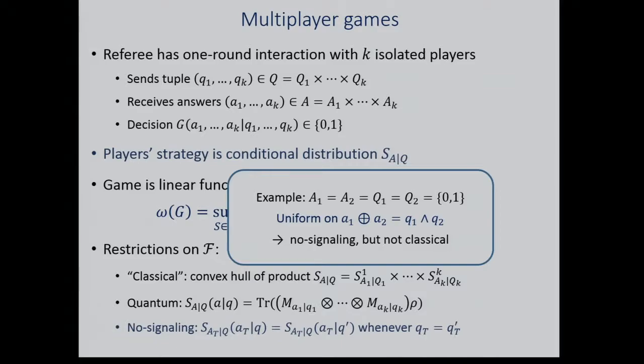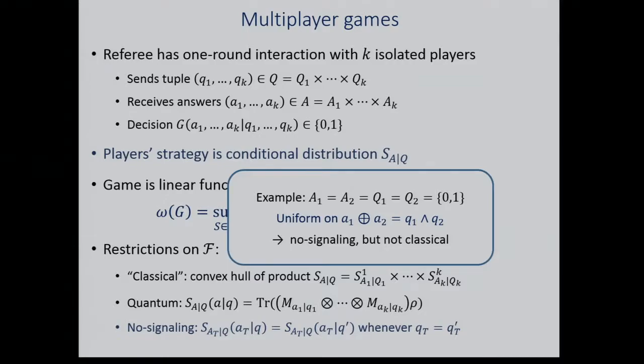Maybe a quick example. So if you take 2 players, bits, these are my questions and answer sets. Let's take the distribution that's uniform on all pairs of bits, A1 and A2, whose parity is 1 if both questions were 1, so they're different, and whose parity is 0 in all other cases. Then this is no signaling.